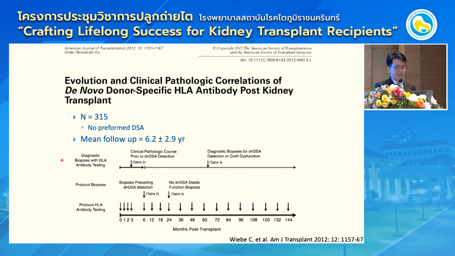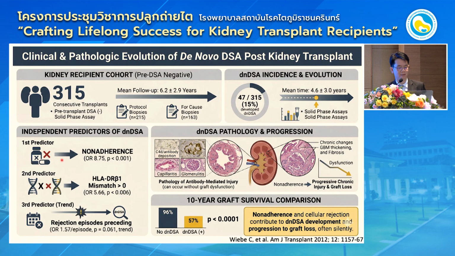This is a landmark study more than 10 years ago from a Canadian group. They monitored DSA before transplantation and then after transplantation. I will not go through the detail, but from this study and many more studies, we all know that the de novo DSA can worsen the graft outcome.